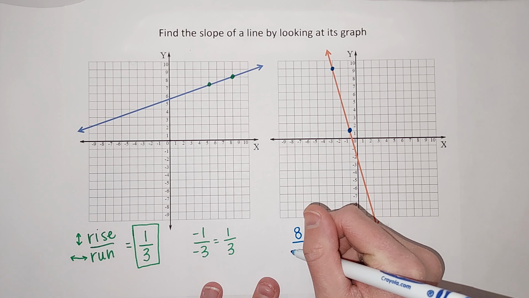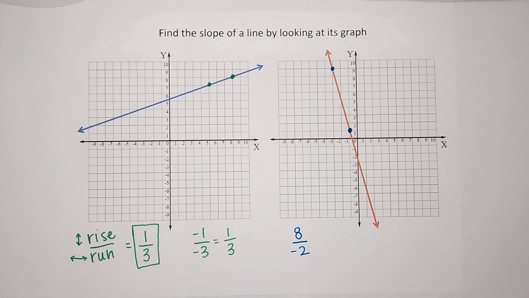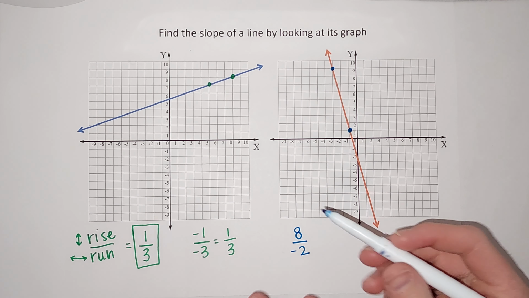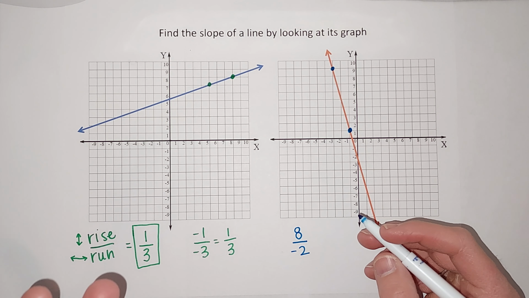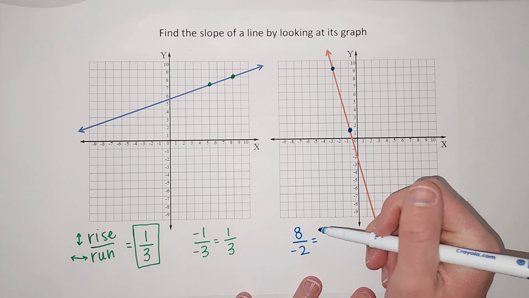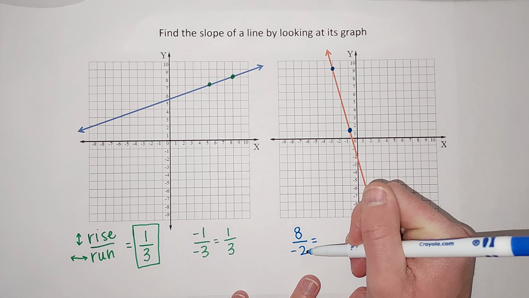So over -2. Okay, we want our slope to be as simplified as we can get it, so I'll link a video about simplifying fractions. There's kind of 2 ways you could think of it. If you do it a different way than me and get the same answer, great. But I'm going to think of this as 2 goes into both of these.